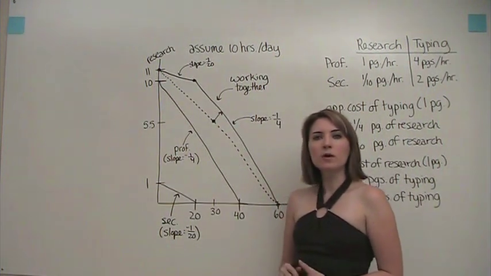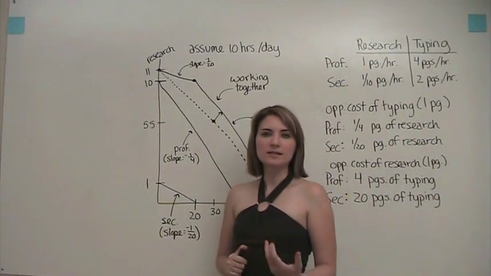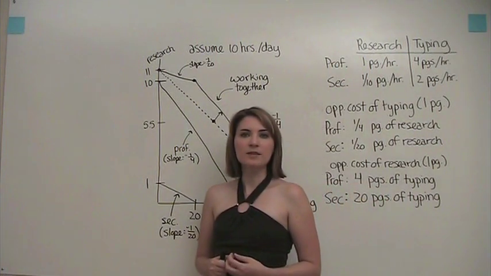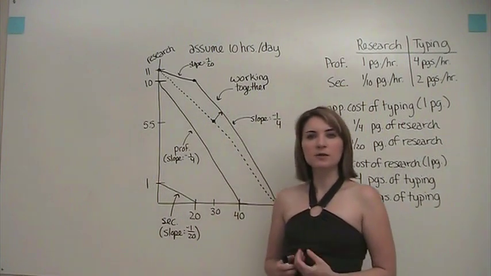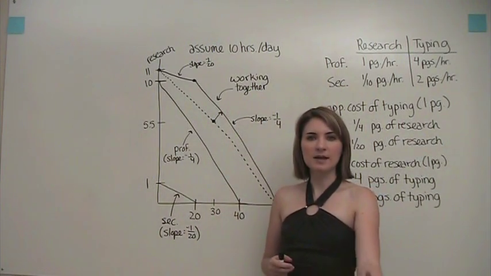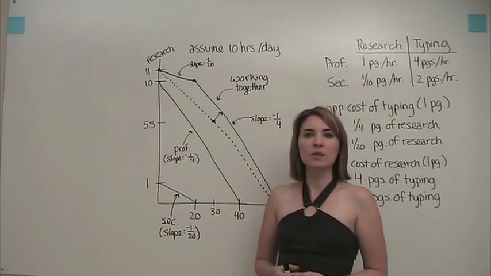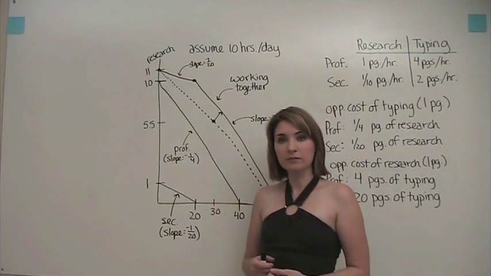We said before that it made sense to assign people to the task for which they had the lower opportunity cost. So in this case, we would want to first assign the secretary to the task of typing before we would assign the professor to the task of typing.